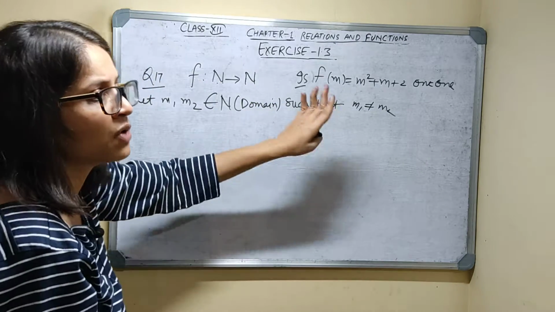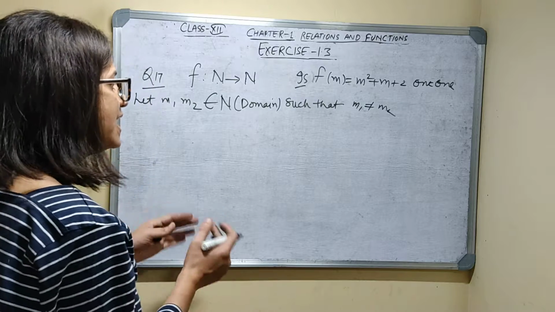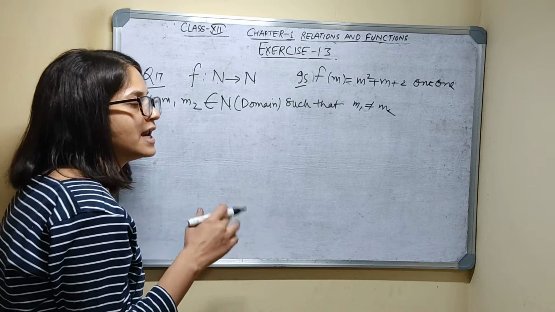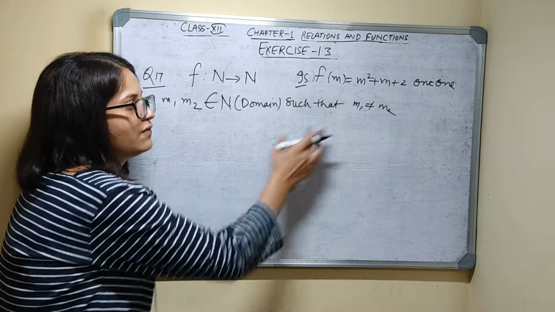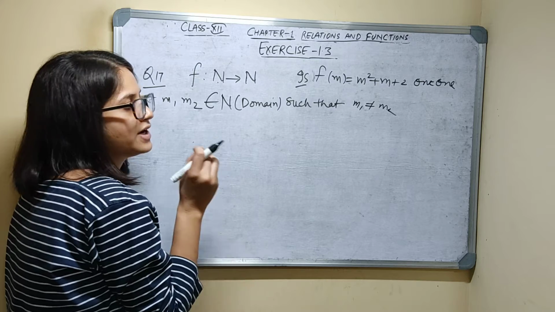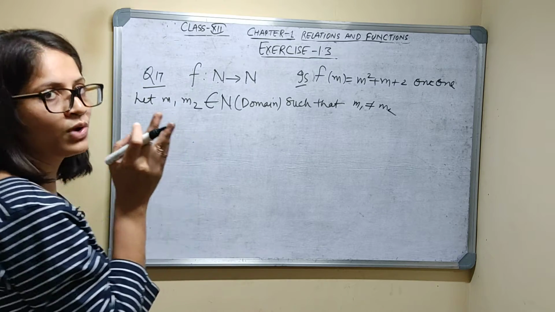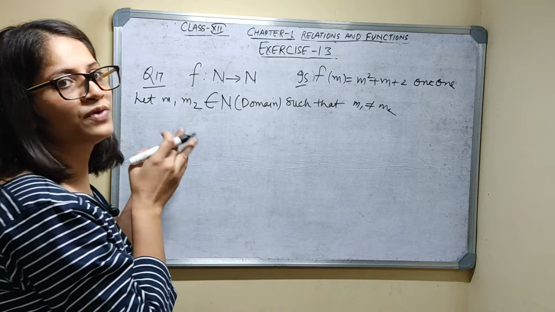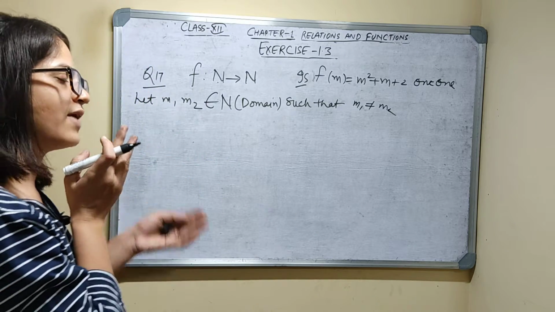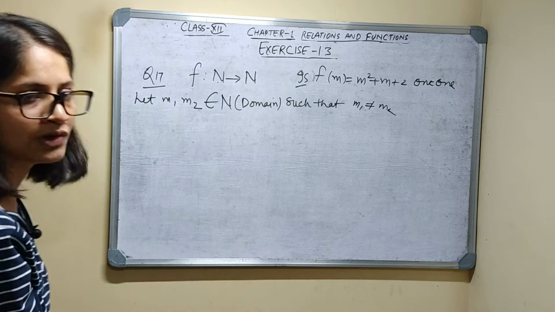If m1 is not equal to m2, and if we prove that f of m1 is also not equal to f of m2, then I can say that the function is 1-1. Already I am taking m1 not equal to m2, so I have to prove that f of m1 is also not equal to f of m2. I have to check whether it is 1-1 or not, so I will find f of m1 and f of m2.